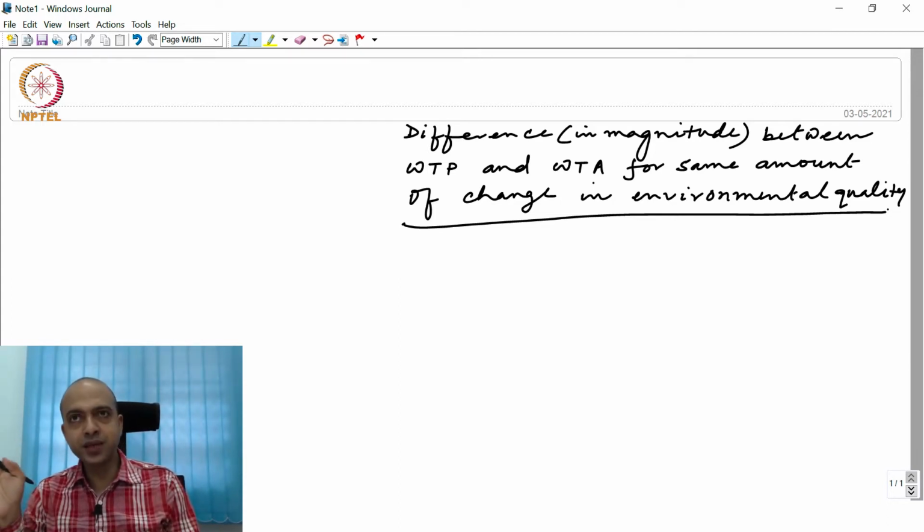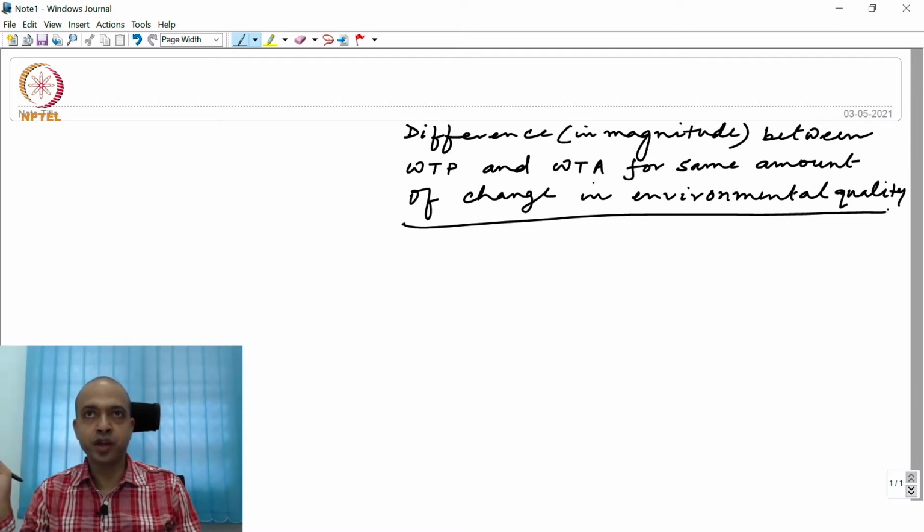But willingness to accept compensation is relevant when there is a change in environmental quality in a negative direction. For example, when the individuals are already enjoying 20 liters of water per day, and that service is going to be reduced from 20 to 10, we ask how much compensation would you like to accept for this reduction in drinking water by 10 liters.